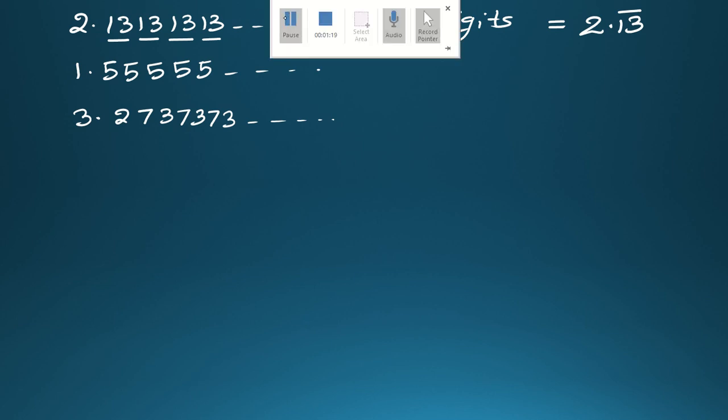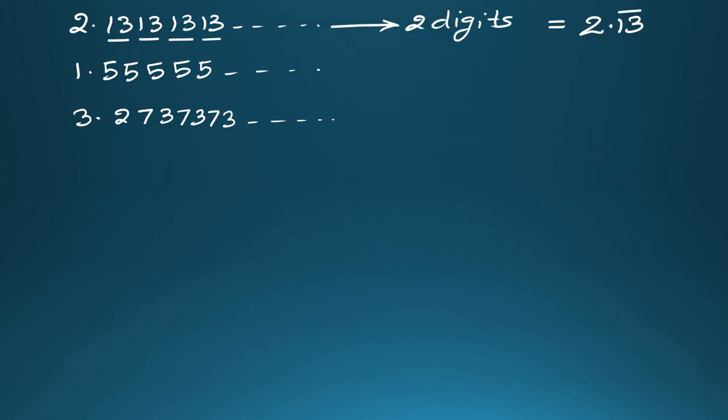Whatever the line is on, here it is on 1 3, it means both 1 and 3 are repeating. In the second example, only one digit is repeating, 555. So you will write it as 1.5 bar.